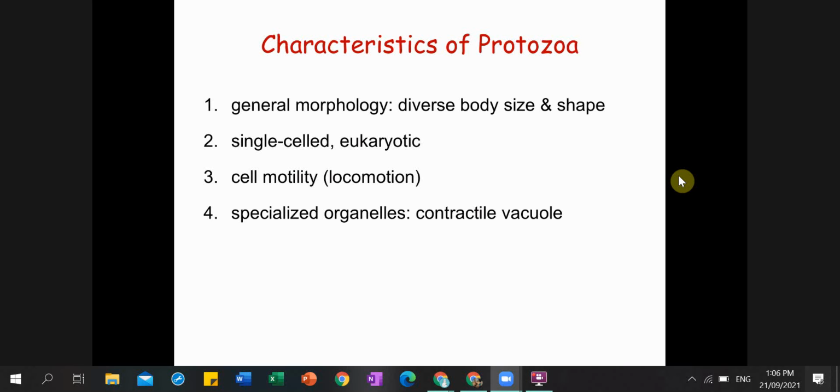So which structure in protozoa help them move around? Which structure? You remember? Flagella and cilia.